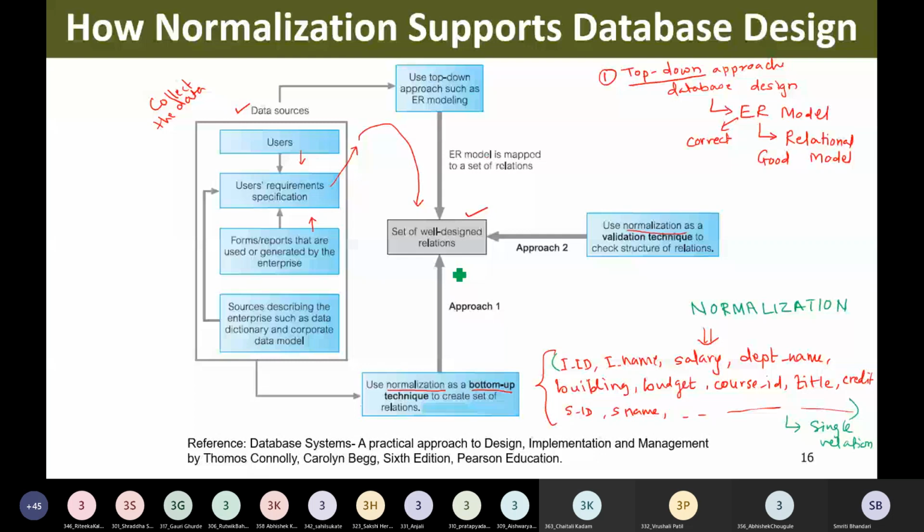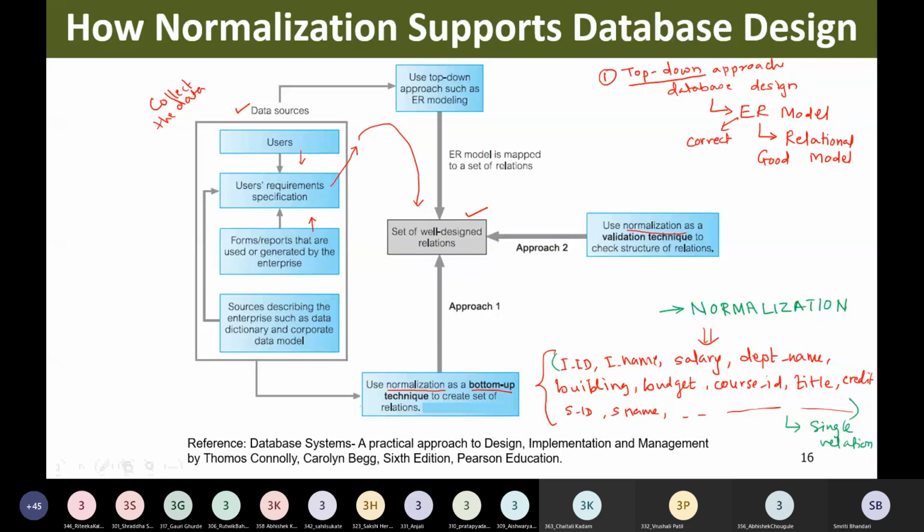And what is this normalization process? It is how to normalize the data: given such attributes, how to come up with meaningful, well-designed relations. That process of normalization is what we are going to discuss in this unit.